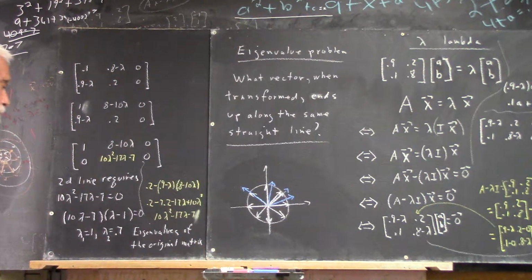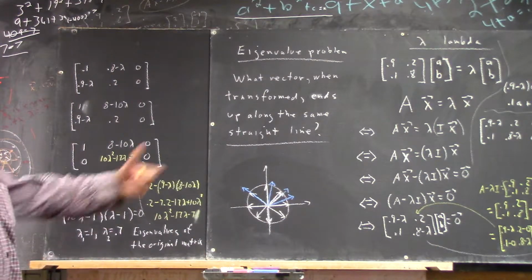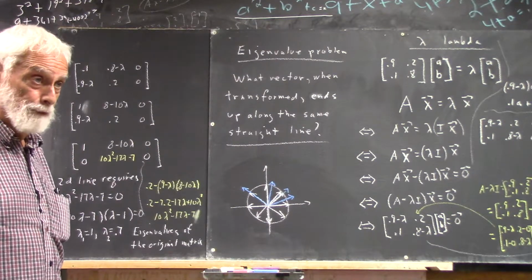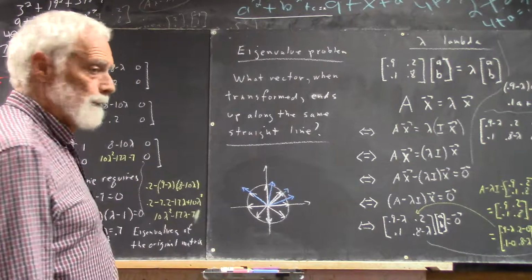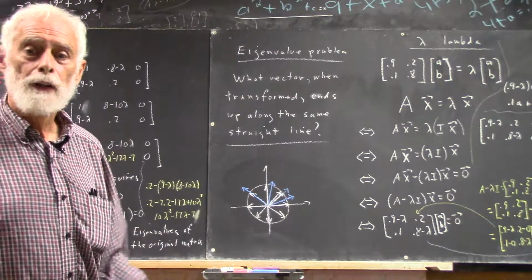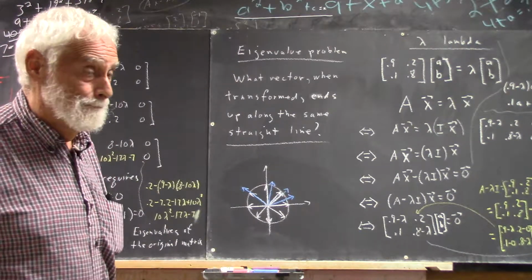Call them eigenvalues of the original matrix, or original single-dimensional matrix. Okay? Having the eigenvalues, it now becomes easy to find the eigenvectors. Okay?